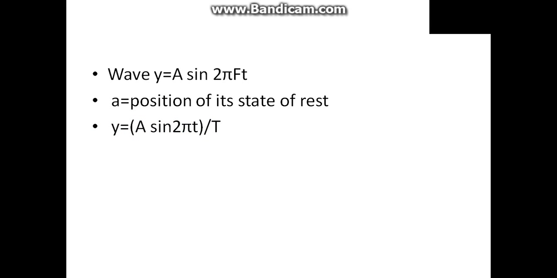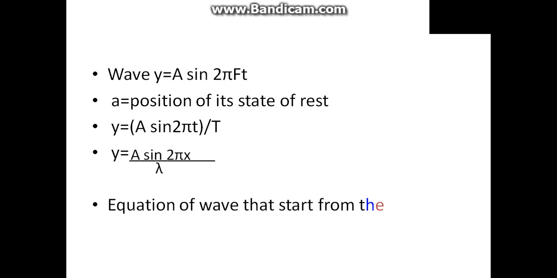Wave y equals a sine 2 pi f t. Y equals, in bracket, capital A sine 2 pi t all over capital T. Y is equal to capital A sine 2 pi x all over lambda.